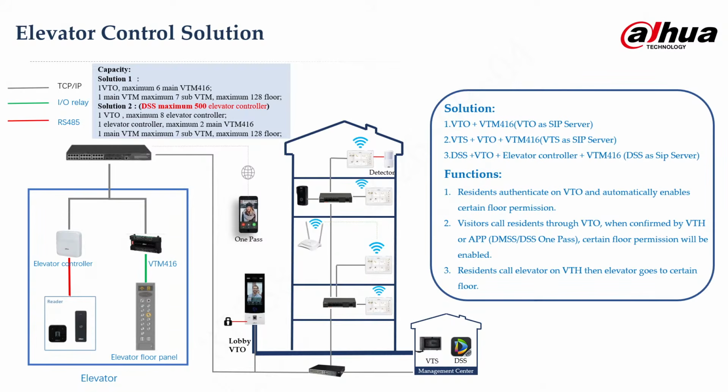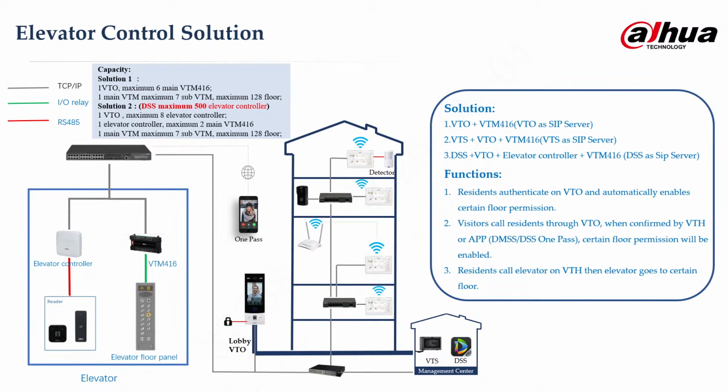Okay, if we're talking about VDP, we need to mention the elevator control solution. Since Dahua also integrated elevator control into the VDP solution, it means when you have a visitor calling you, you can check and speak with the visitor, and you can send the elevator to the ground floor. When the visitor arrives, he or she can go into the elevator and will have the right to go to the designated floor.